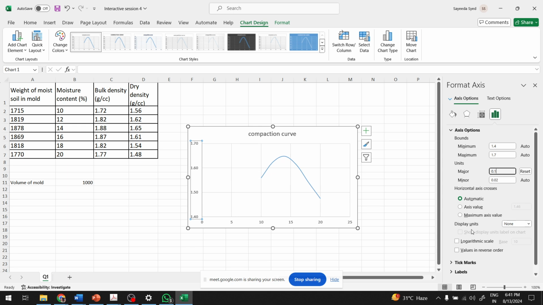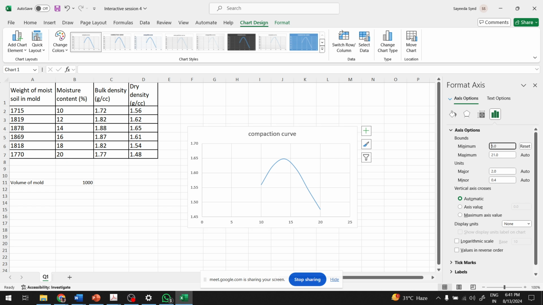That's too much. 0.05. Yeah, that's better. And let's start this from 5%.